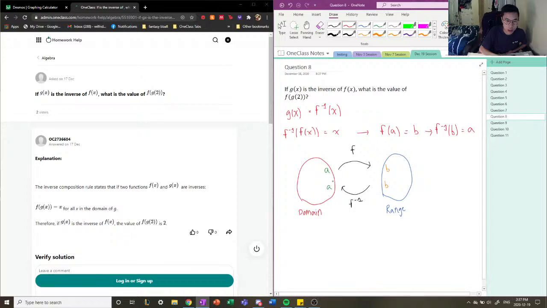So in our example, we have g of x is the inverse of f of x, and we're trying to look for f of g of 2.